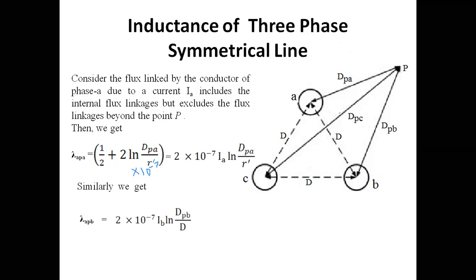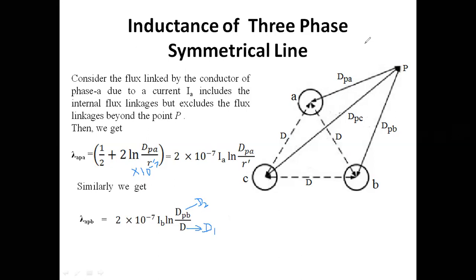It becomes 2 into 10 to the minus 7 IB ln DPB divided by D. Here both point B and point P are external points to conductor A. Suppose DPB is taken as D2, and D, the distance between conductors A and B, is taken as D1. Therefore, it is taken as DPB divided by D.